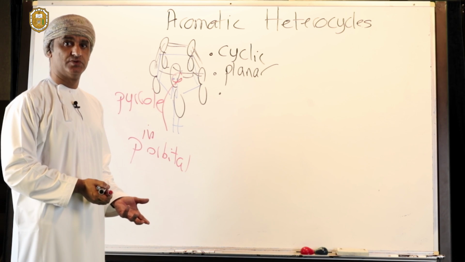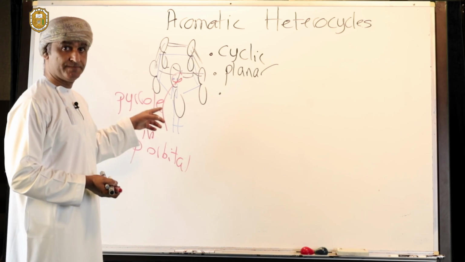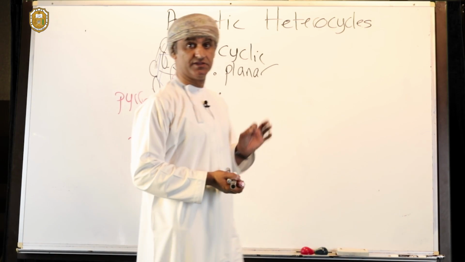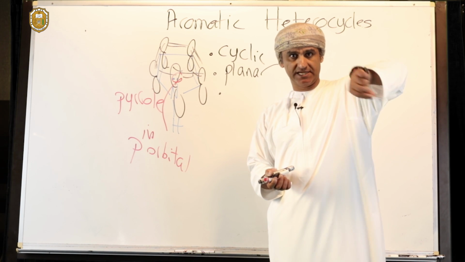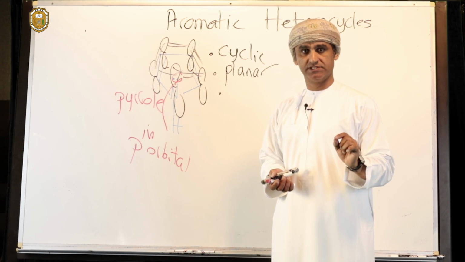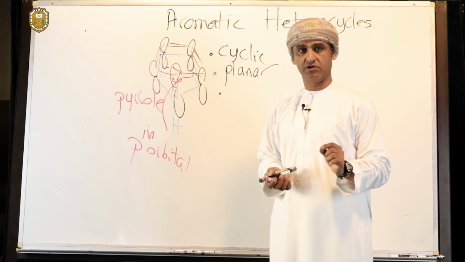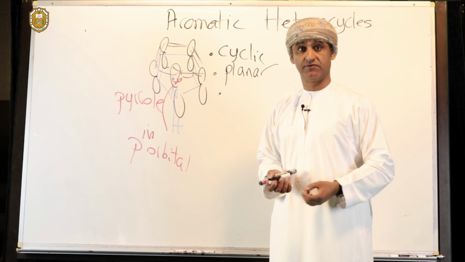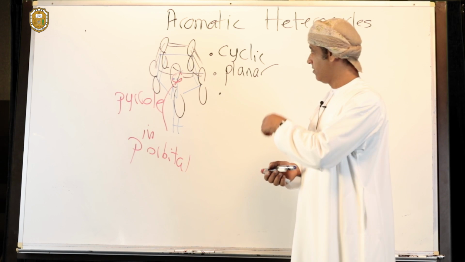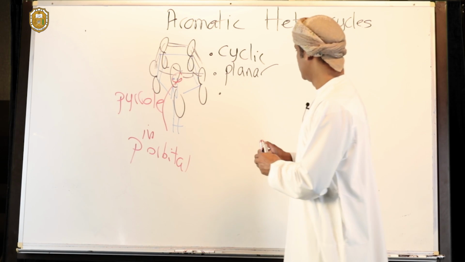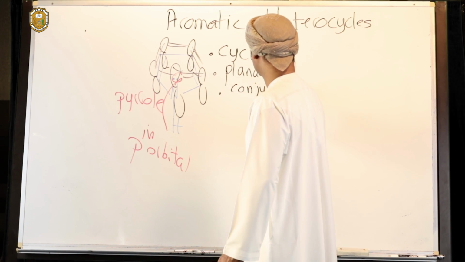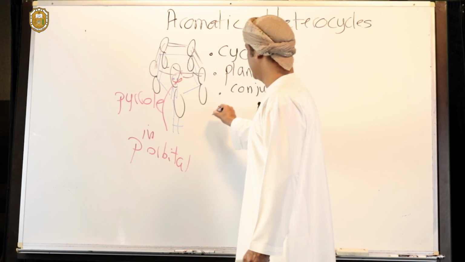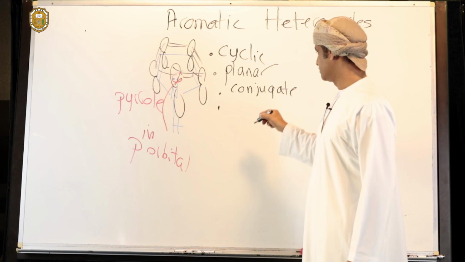It's an sp2 hybrid orbital. But here the scenario is different. This lone pair is situated in a p orbital. It is inside the pi system, which is essential for the cyclic conjugation, which in turn is essential for aromaticity of pyrrole. So pyrrole is conjugated because nitrogen has a lone pair in a p orbital.